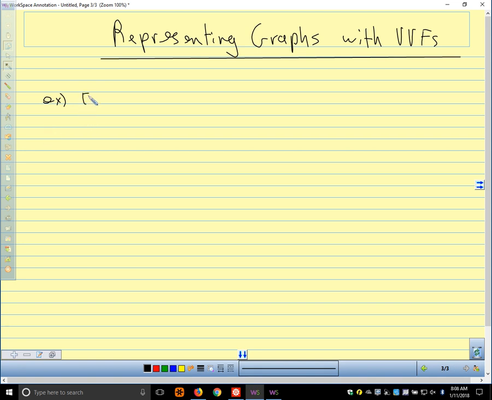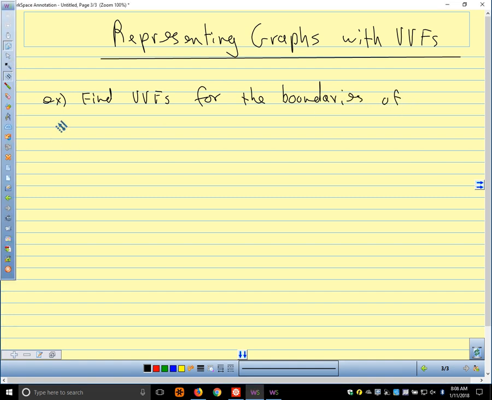We want to find vector valued functions for the boundaries of, and we'll do just a plane region for this first one, then we'll do a little more complicated one.